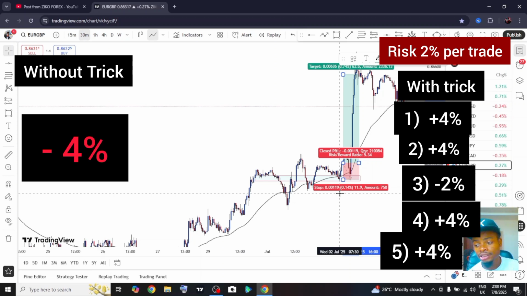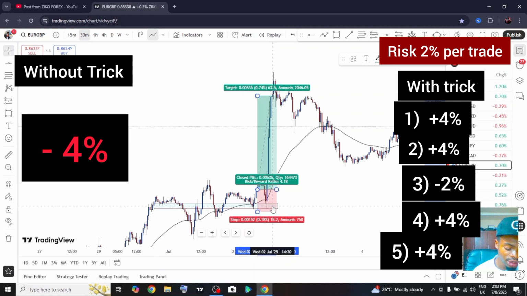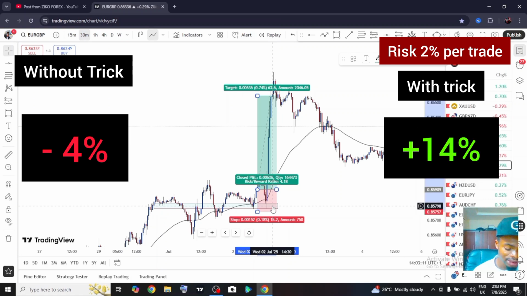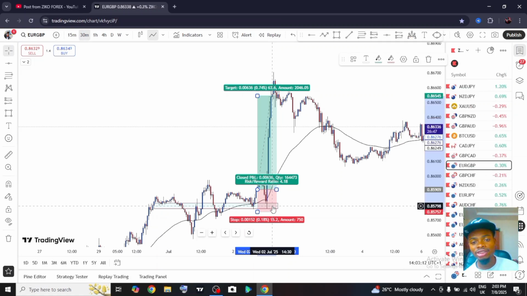Now, applying this little trick that I gave you, we are keeping our balance at 14% profit just because we applied this little change, right? If you don't apply this change, you see that you will even be down minus 4%. It's not that much, but it's still 4% minus, right?